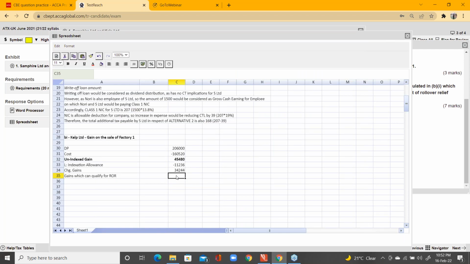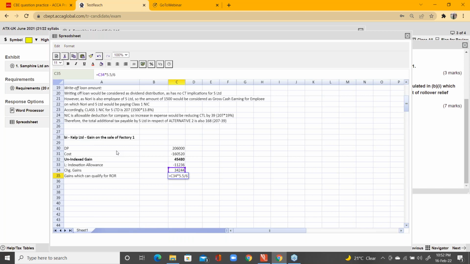Considering this fact, if the company is also purchasing other assets, we can claim ROR, but how much ROR can we claim is equal to a portion of this gain amount. The company owned this asset for 6 years, but out of 6 years only 5.5 years were used in business.